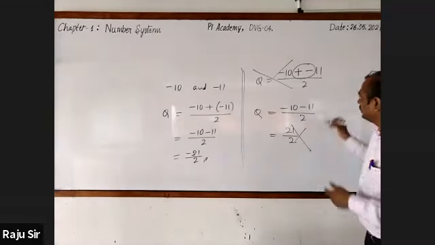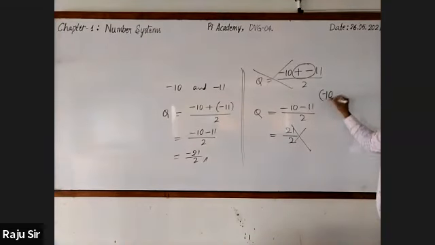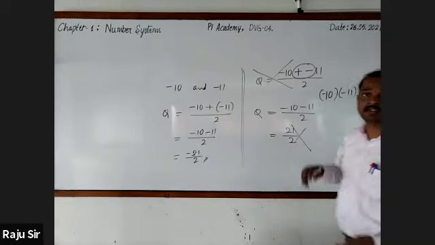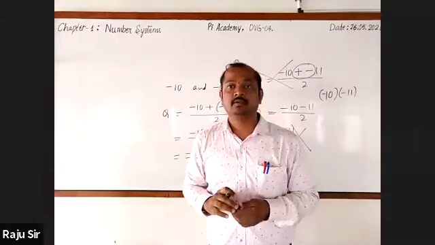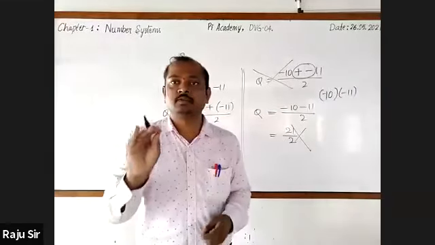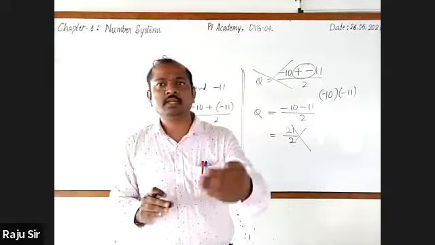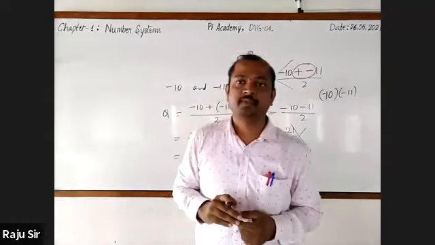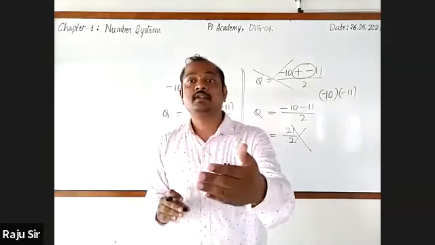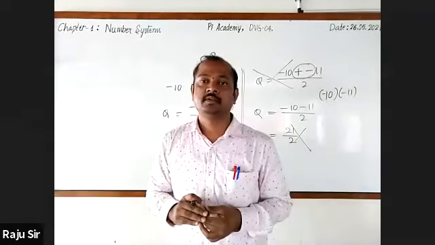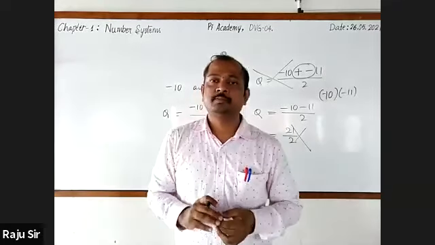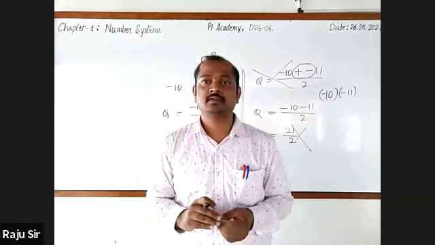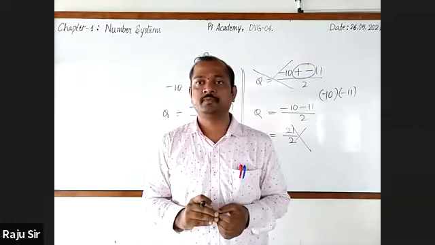If you were multiplying minus 10 and minus 11, then minus into minus is plus, and 10 elevens are 110. So please do consider those basics. Not only that, I noticed one more thing: in addition of rational numbers, dear students, please do practice those basics as well.